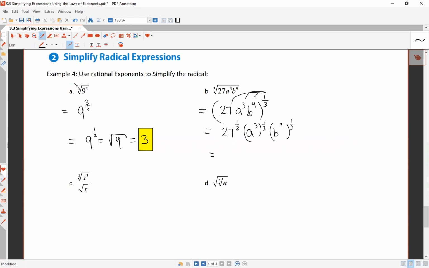A cubed to the 1/3, 3 times 1/3 is 1. This leaves us with a. B to the 9th raised to the 1/3, 9 times 1/3 is 3. And 27 to the 1/3 is the cube root of 27, which is 3.